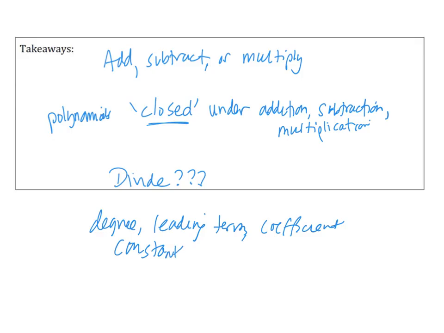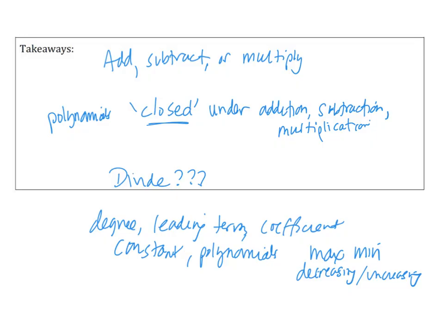So all of those vocabulary words, we talked about polynomials. They have to have whole numbers as their exponents. You can't have fractions. So we talked about lots of things. We have the maximum, the minimum, the increasing, the decreasing. All of those, I hope you have taken note of. If they don't need to be in the takeaways, hopefully they're on the worksheets, so keep those worksheets for additional help.